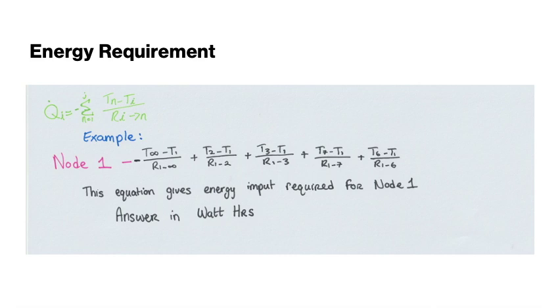I just did out an example for node 1, and make sure to put in your minus sign beforehand, as when you rearrange the equation you have a minus in front, and that gives you an answer for the energy requirement to meet the temperature you want in watt hours.